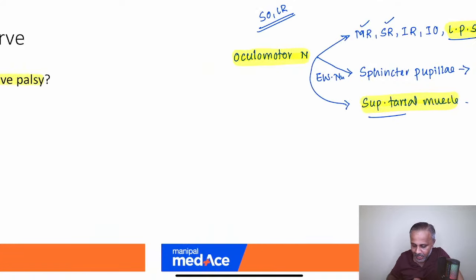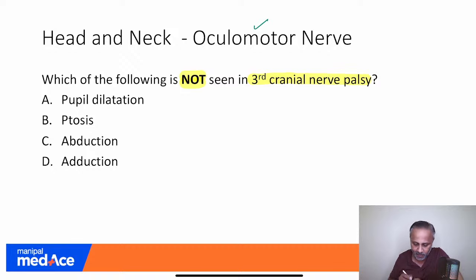So, let's go back and try to solve this question now. If the oculomotor nerve is paralyzed, can it bring about pupil dilatation? Remember, the chief action of the oculomotor nerve is miosis or constriction of the pupil, and the opposite action is mydriasis or dilatation of the pupil.